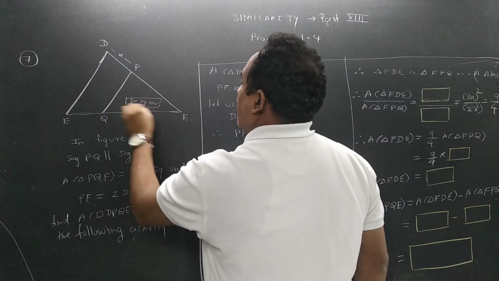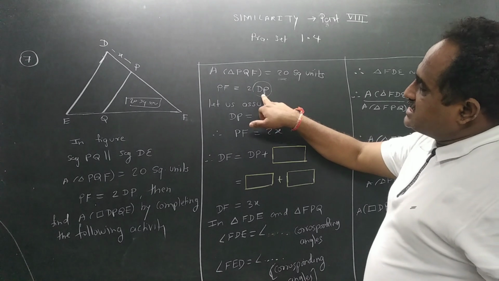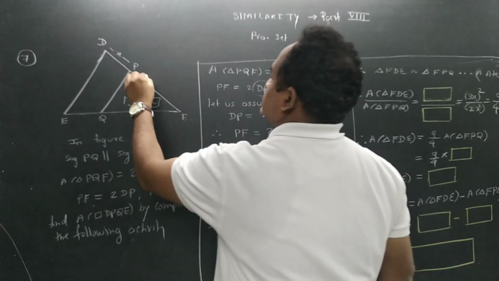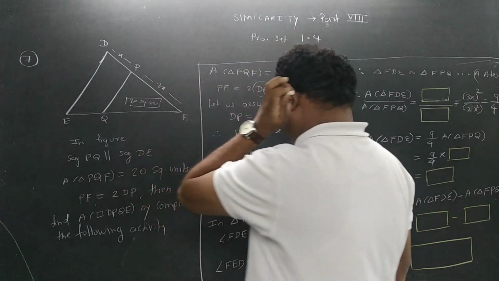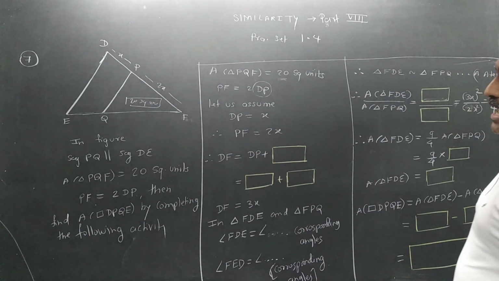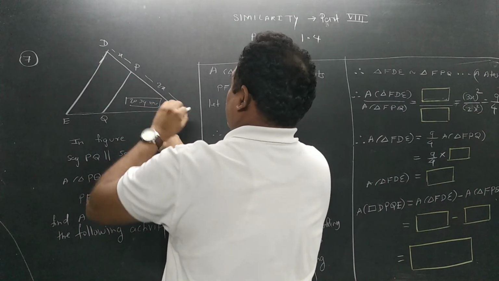Now this is X, means PF will be what? Twice of this. This will become 2X. So I am going to write PF is equal to 2X. Now just see DF. DF is from here to here.